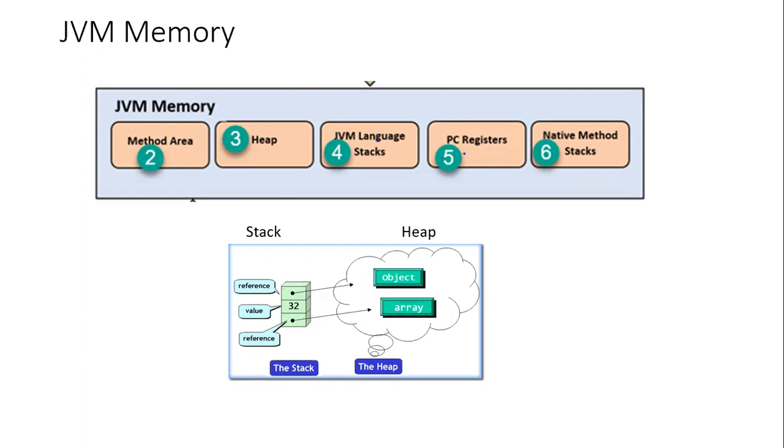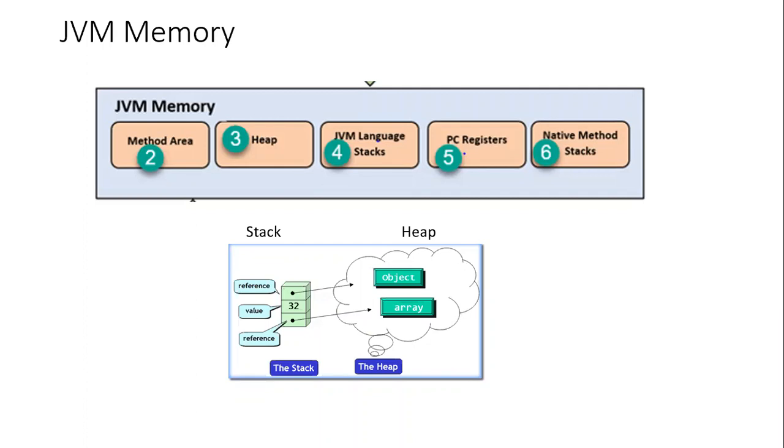PC register is just going to say, for a particular thread, right, you're going to execute line 1 and line 2, line 3. It is just going to keep a sequence of execution instructions alone. It is not going to load anything. It is not going to load any class files or any of your objects. It is just a list of line items for your JVM to execute in an order.